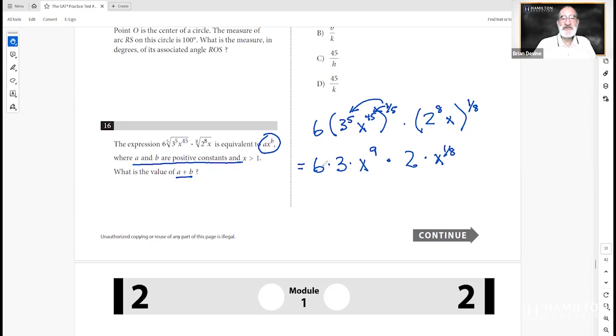And now I can take 6 times 3 times 2, which is going to be 36, and then I'd have x to the, product rule says, 9 plus 1/8.